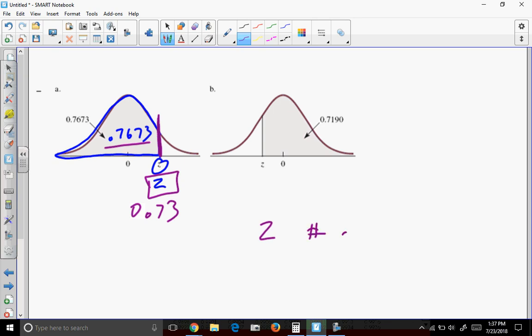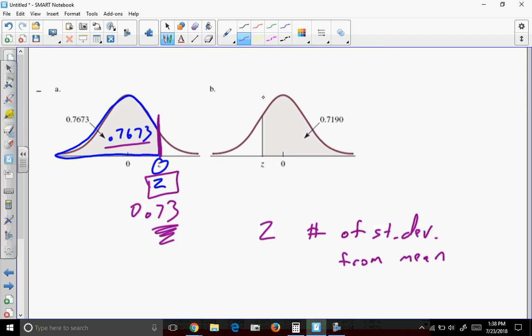That stands for the number of standard deviations from the mean. So when we're 0.73 standard deviations to the right of the mean, this is how much area is in our left tail. That means how much area is to the left of that particular z value.